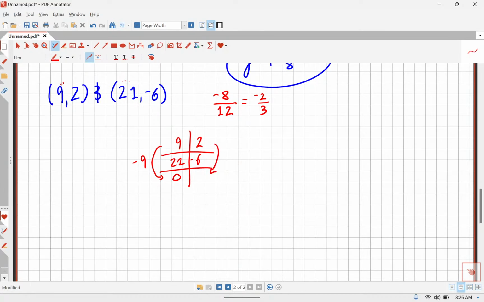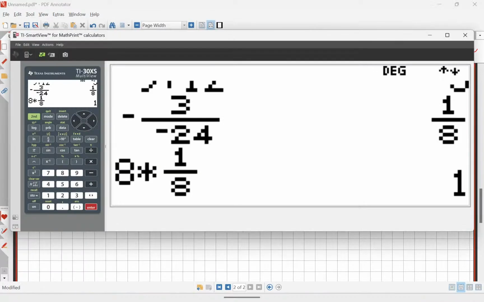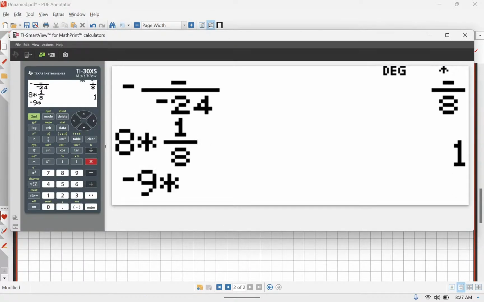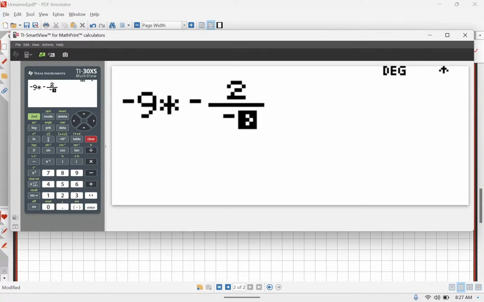And so, again, there's a couple things. You could say, well, if that decreases by 9, that's got to increase by 6. Or you could always just do negative 9 times negative 2/3. That would also work. Negative 9 times negative 2/3, that's a 3. There we go.